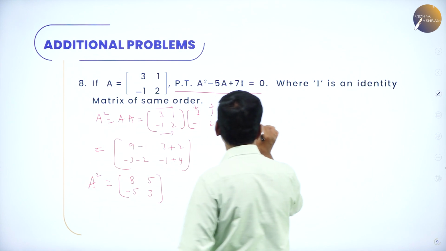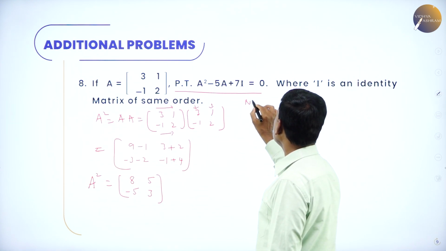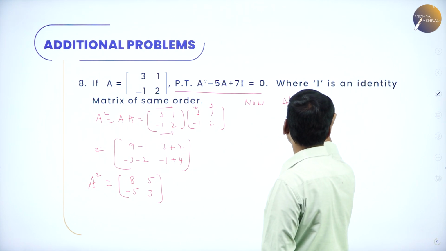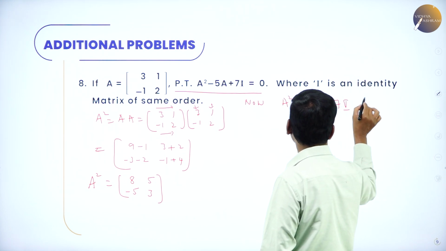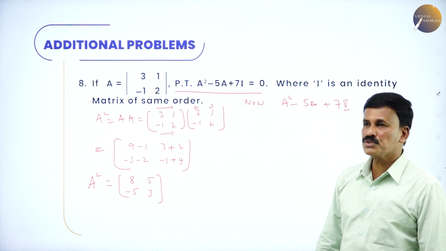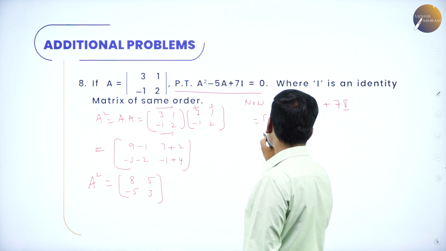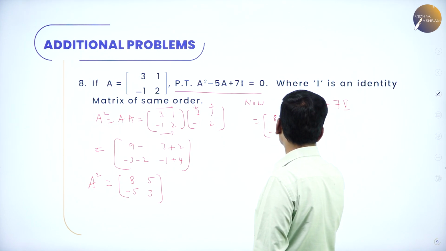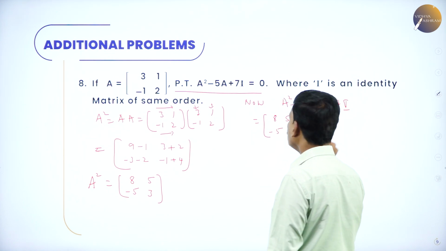Now come to this equation. What is to verify is A square minus 5A plus 7I is a null matrix, equal to 0. This is equal to, what is A square? 8, 5, minus 5, 3, minus 5 into A. What is A?